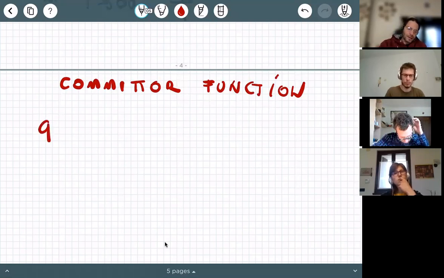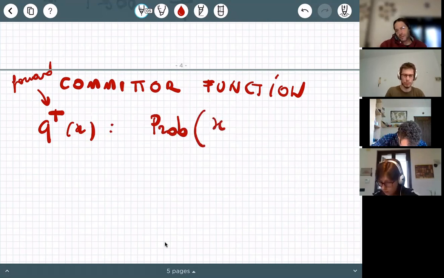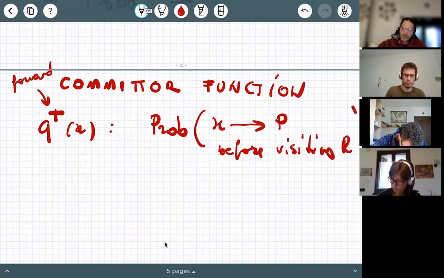The forward committor function, where plus means forward, is the probability that a trajectory initiated from x in configuration space, remember we are in the framework of overdamped Langevin dynamics, will land into the product before visiting the reactant.